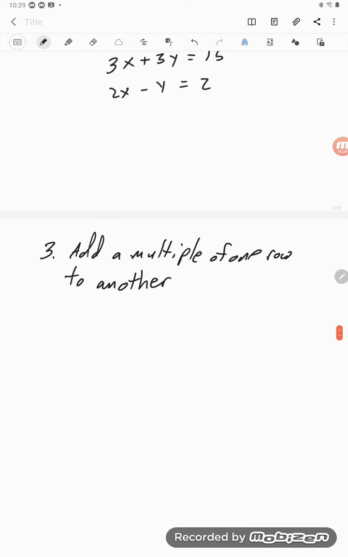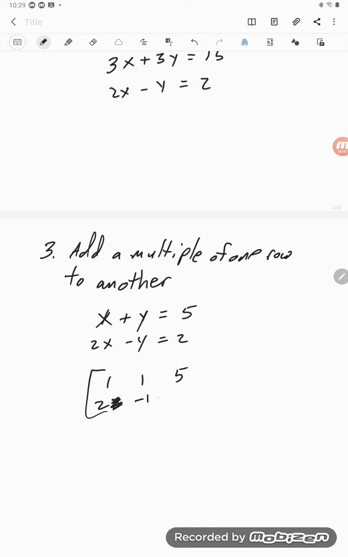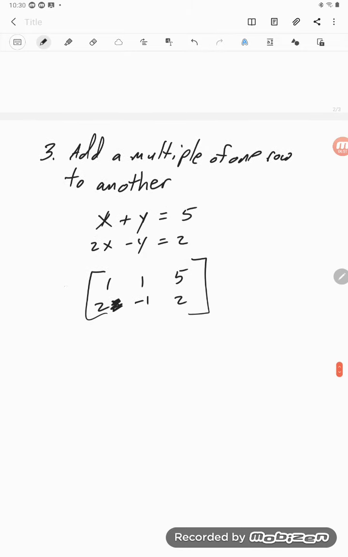Let me start with our x plus y equals 5 and our 2x minus y equals 2. Then we have our system 1, 1, 5 and 2, negative 1, 2 for our augmented system, row 1, row 2.